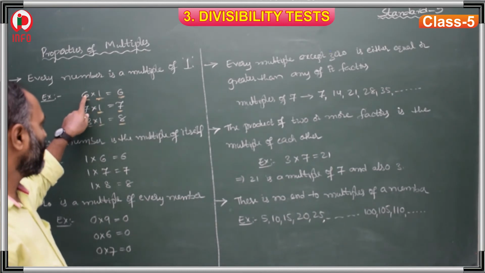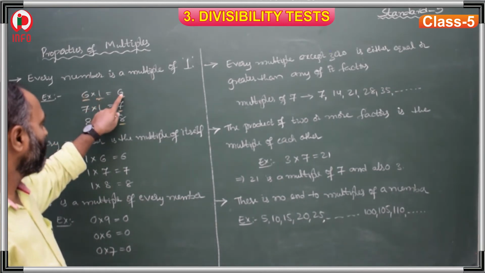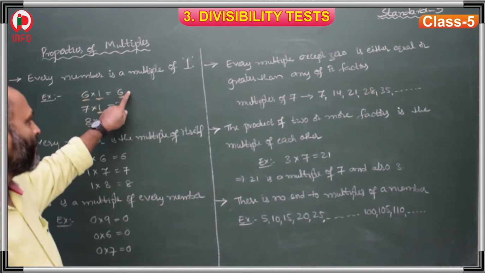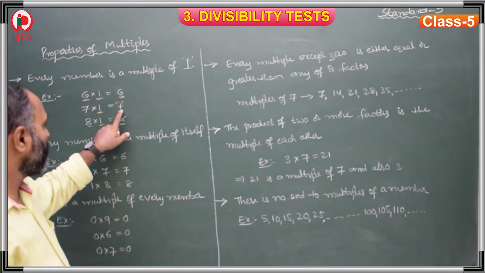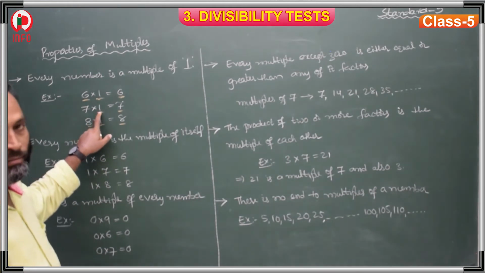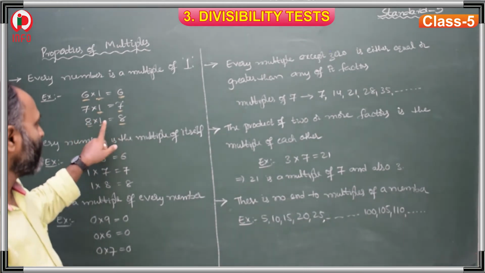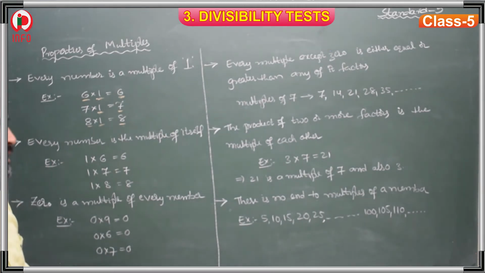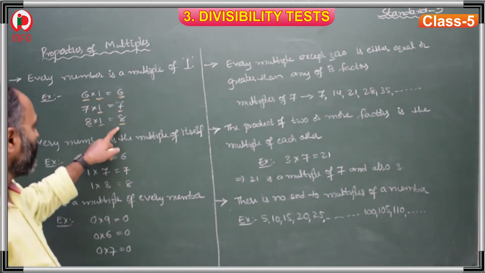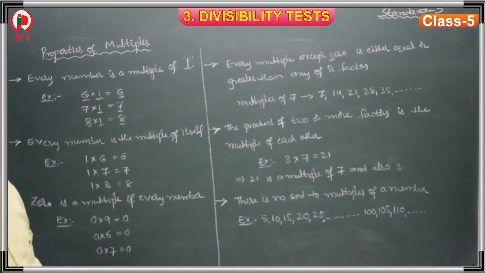Means every number is a multiple of 1. So 6 is a number which is a multiple of 1, 7 is a number which is a multiple of 1, and 8 is a number which is a multiple of 1. So 1 is a multiple of every number.